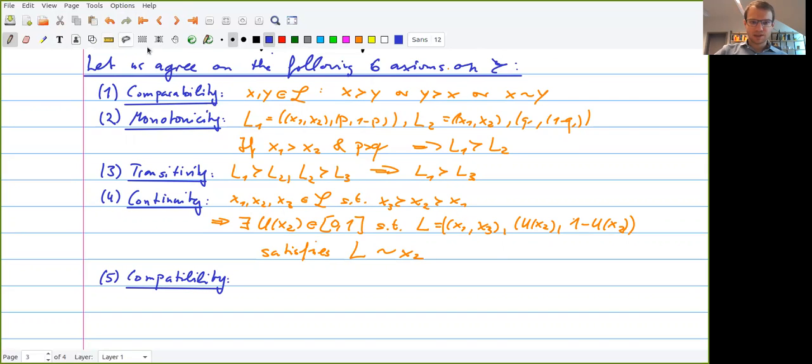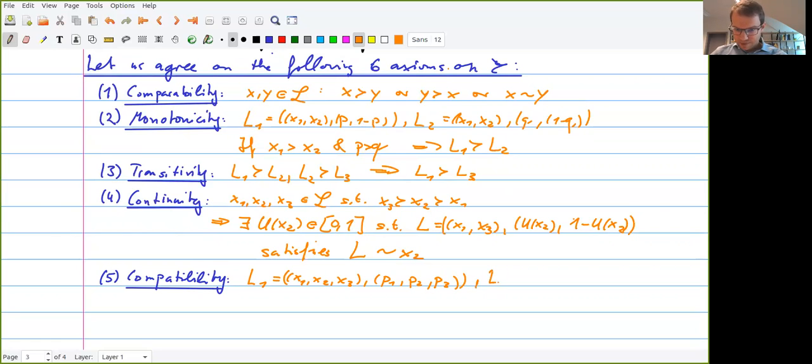What does this mean? So you have two lotteries. L1 is given by the payoffs x1, x2, x3, and these appear with the probabilities p1, p2, p3, right?